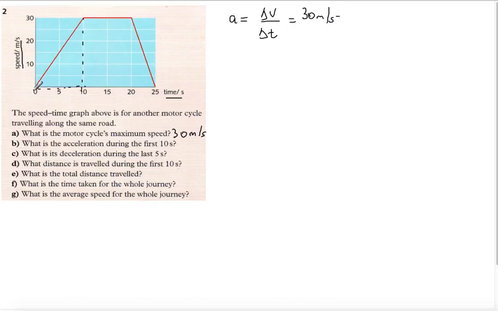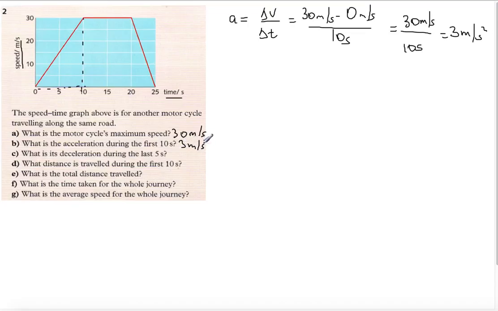Initial velocity was 0 meters per second. Change in time is 0 to 10 seconds. It is 30 meters per second out of 10 seconds, which gives us 3 meters per second squared. So the answer of B is 3 meters per second squared.